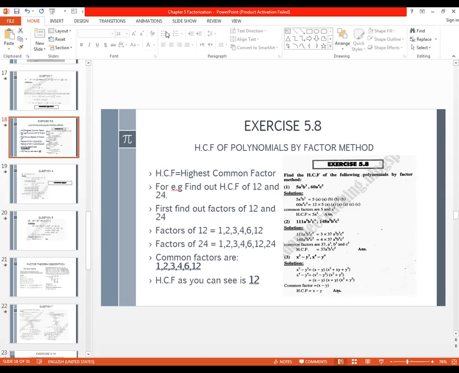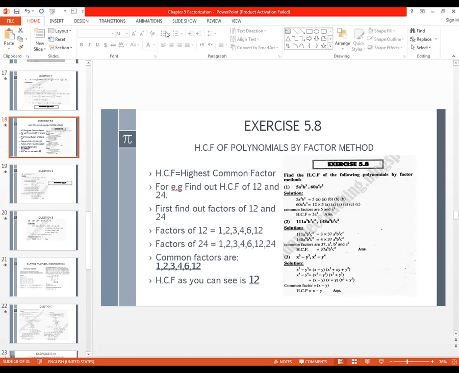right? Acha. So as you all know, we finished exercise 5.5 in the last class, and today we are moving on to exercise 5.8. 5.6 and 5.7 are not included in the syllabus, as mentioned in the reduced syllabus. So we are starting 5.8.